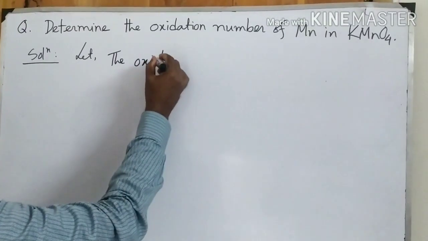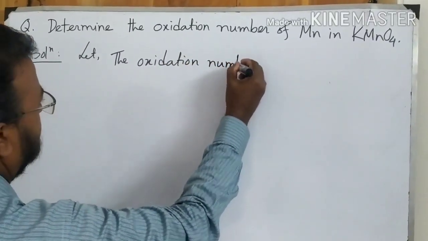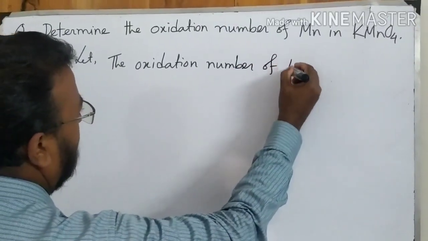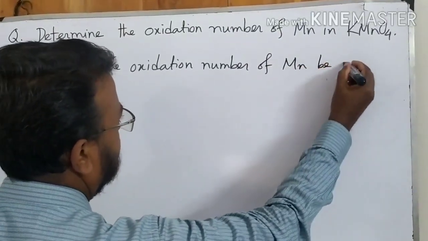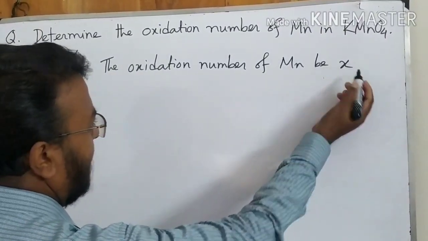Okay, solution. Let the oxidation number of Mn be x. The oxidation number which we have to find out, we let that one be x.